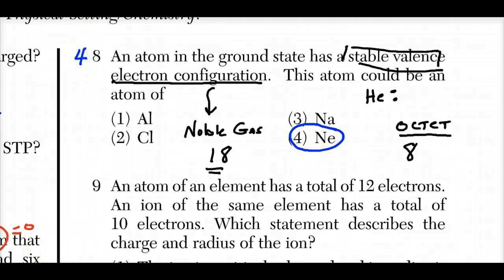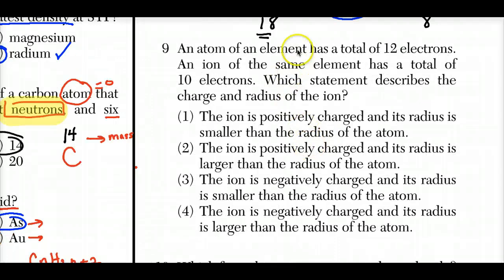Number 9. An atom of an element has a total of 12 electrons, so I'm picking from the periodic table. And an ion of the same element has a total of 10 electrons. The phrase atom of an element was key to me, because it let me know I was dealing with a neutral substance.